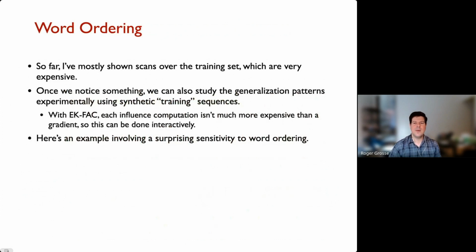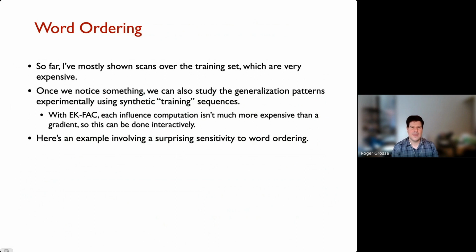All right, so what I've been showing so far consists of doing large searches over a training set in order to find influential sequences. But there's no requirement that the influences we compute are for examples that were actually in the training set. So we could also take more of an experimental approach, construct synthetic training sequences, and measure how influential they would hypothetically be.